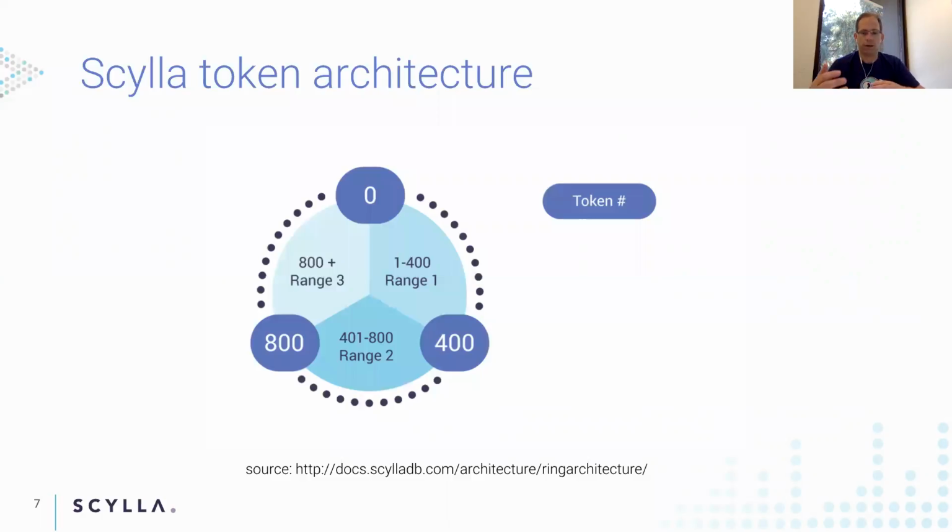So if a range fails, you don't lose a third of the data immediately, but the burden of losing part of the data is shared between the different vnodes. You can read more about the vnodes implementation as well as the architecture of Scylla at the link you see below on our slide deck.